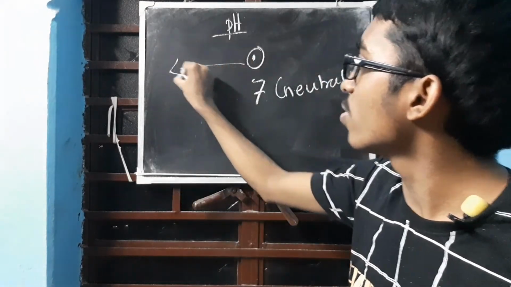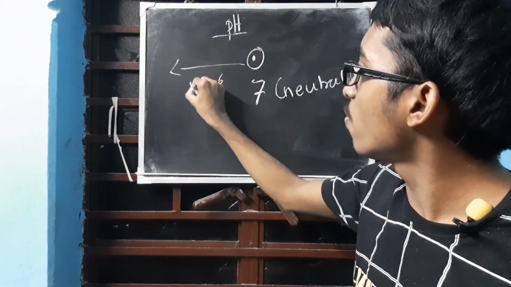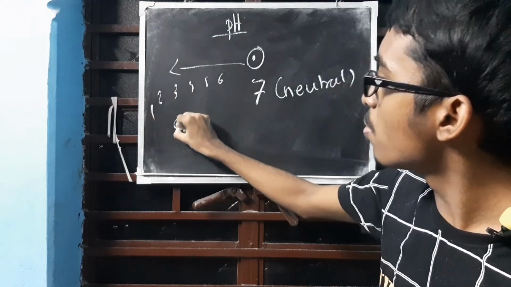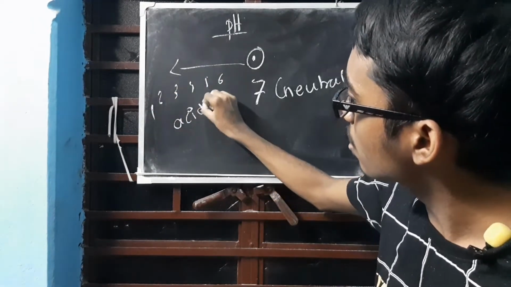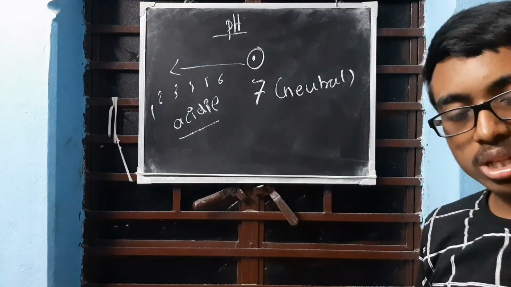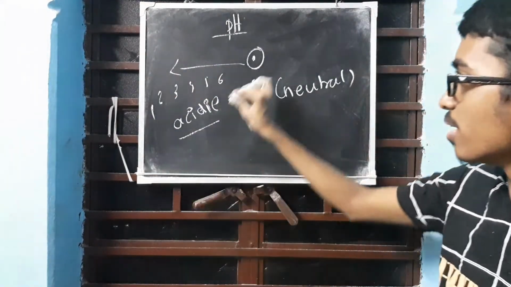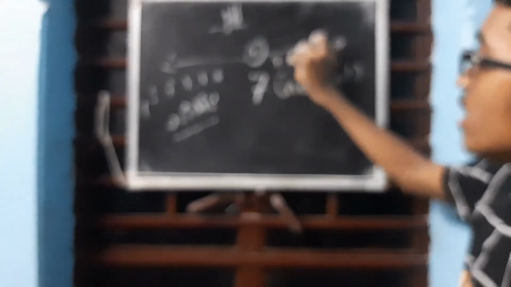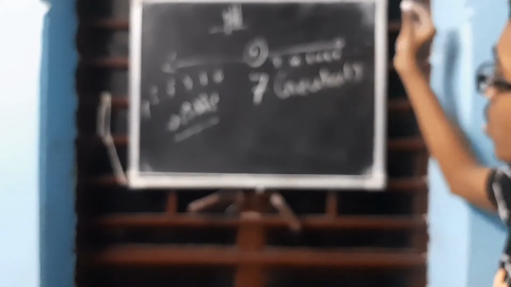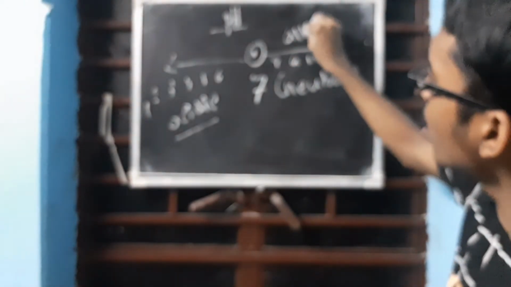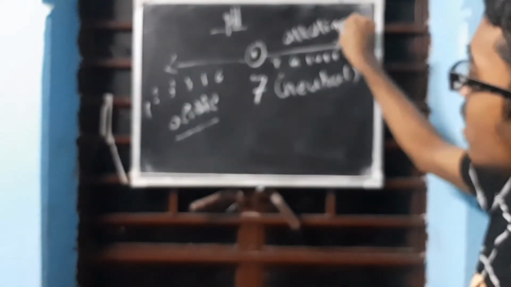Go this side, what will happen? 6, 5, 4, 3, 2, 1, more acidic it becomes. Go this side, left side, more acidic. Right side, 8, 9, 10, 11, 12, more alkaline it becomes. I am using the term alkaline, and actually I mean to say basic.